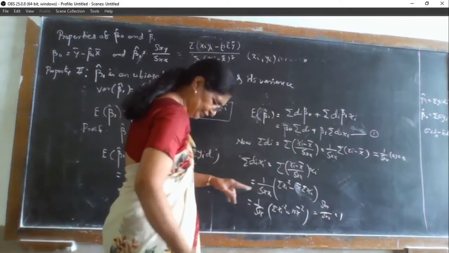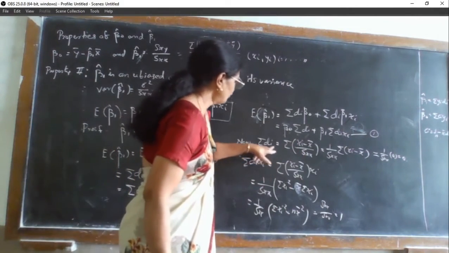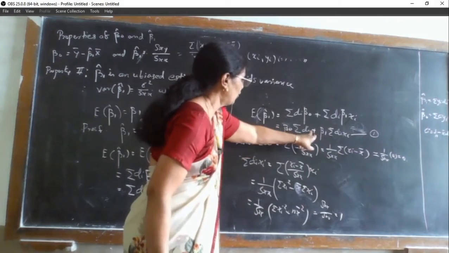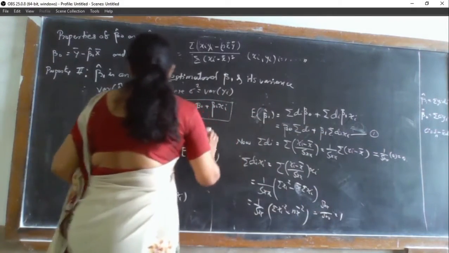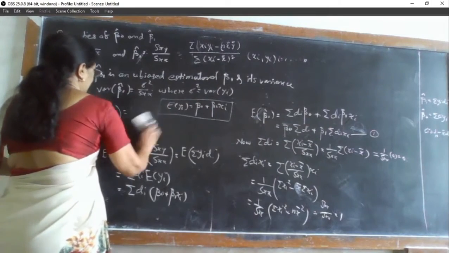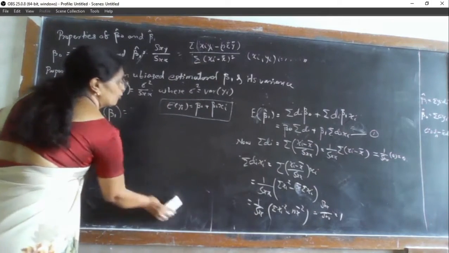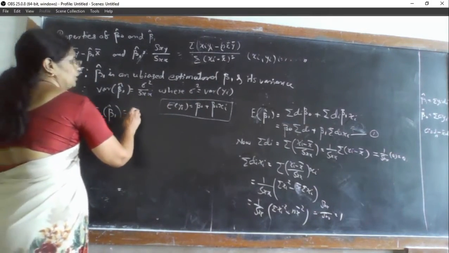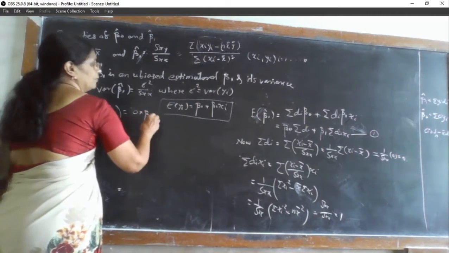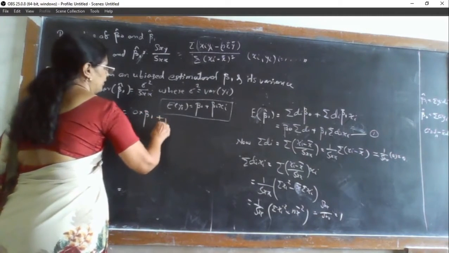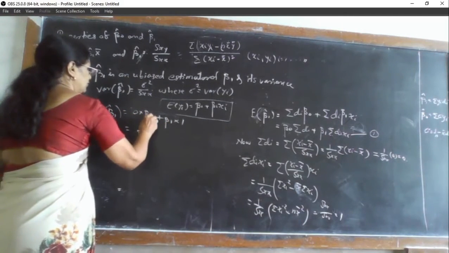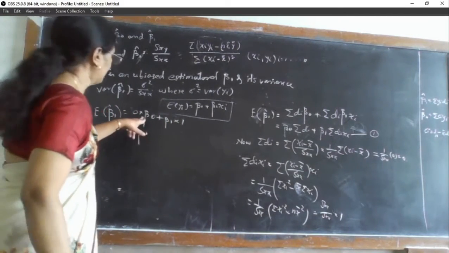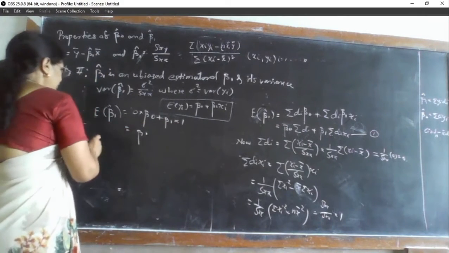Now putting the value of summation of di equal to 0 and summation of di xi equal to 1, we have expected value of beta 1 cap is equal to 0 into beta naught plus beta 1 into 1.